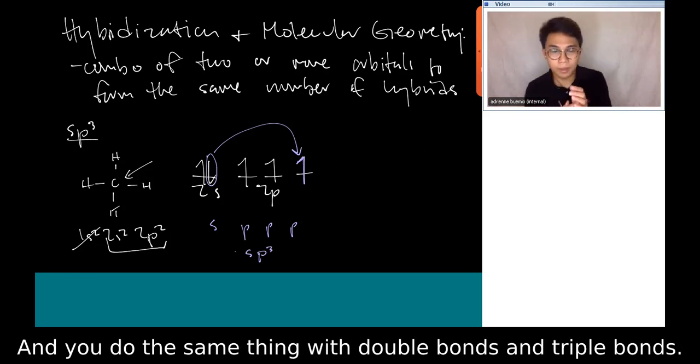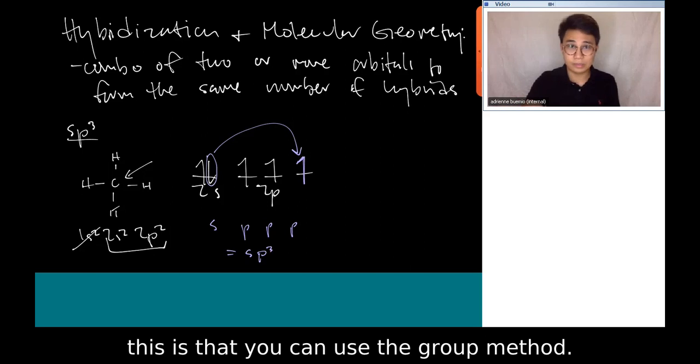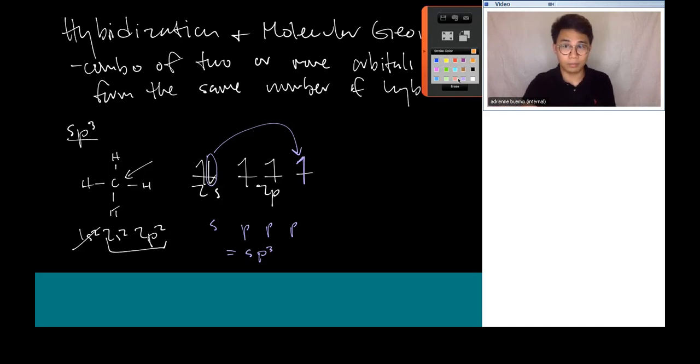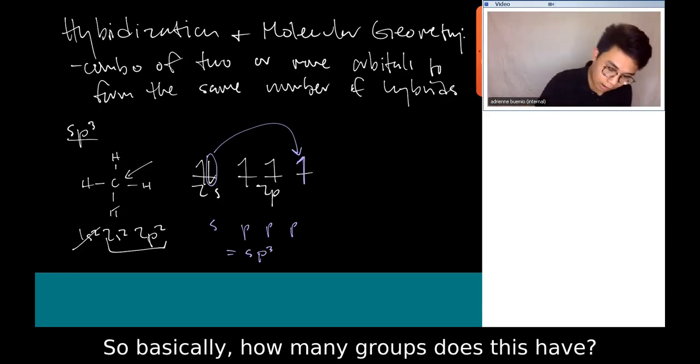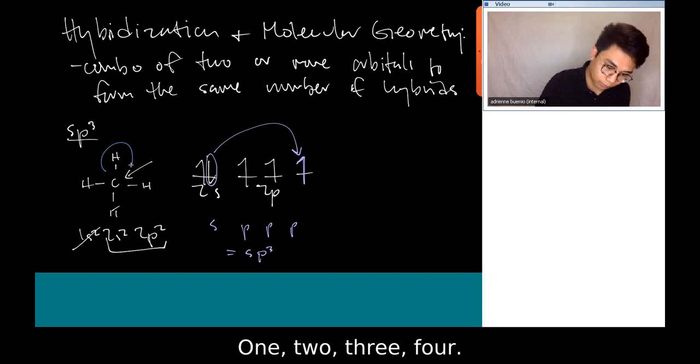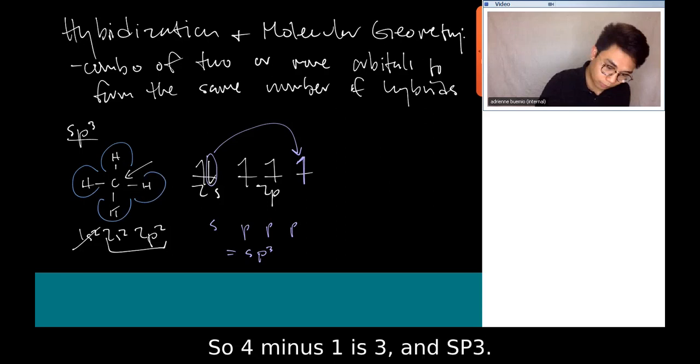And you do the same thing with double bonds and triple bonds, right? There's also another way to do this, which is the group method. Basically, how many groups does this have? 1, 2, 3, 4. So 4 minus 1 is 3, and sp3.